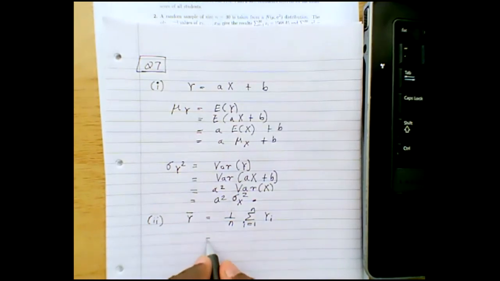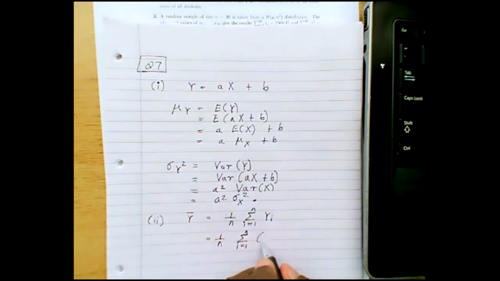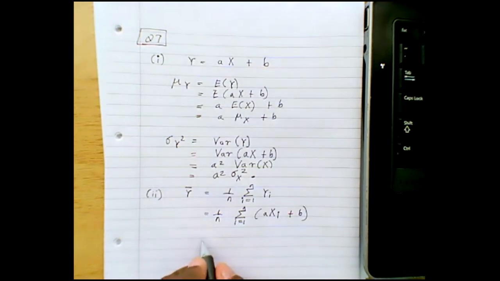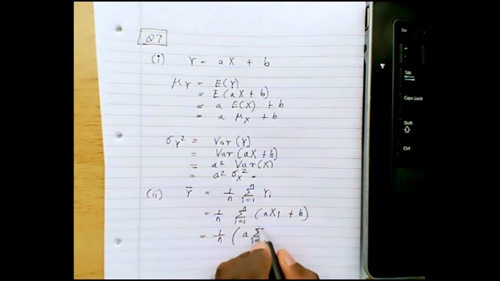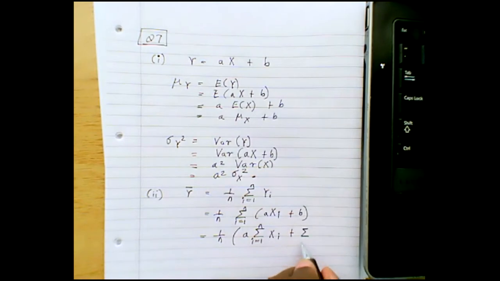So this will be 1 over n times the sum. Now if you take the sum inside, this is what you will get.